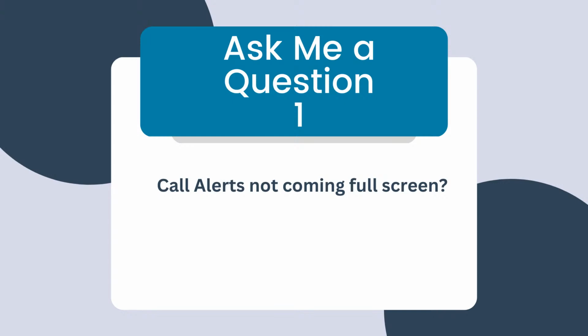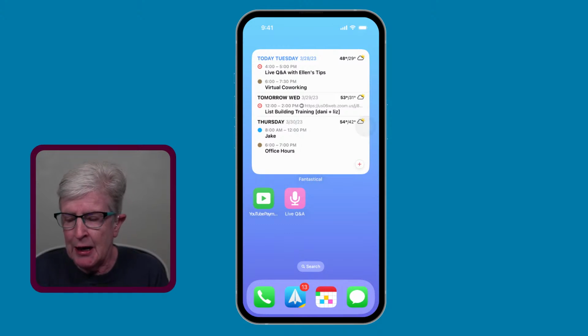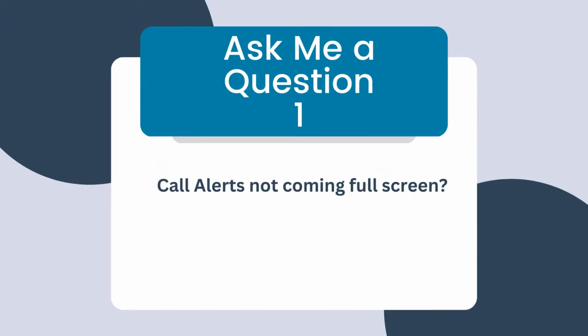Call alerts are not coming in full screen. I get this question a lot, and I'm going to keep answering it until people understand it. So this is what it looks like. Let me come back to myself here.